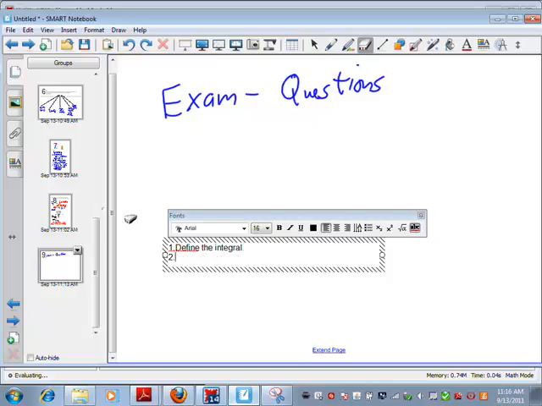People are searching through their notes. So we use, is that right endpoint, left endpoint method? Is that right? Okay, so it's right endpoint, left endpoint approximation.